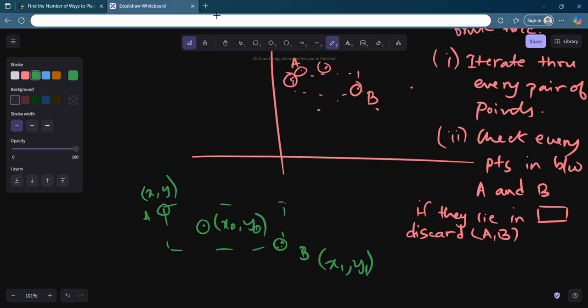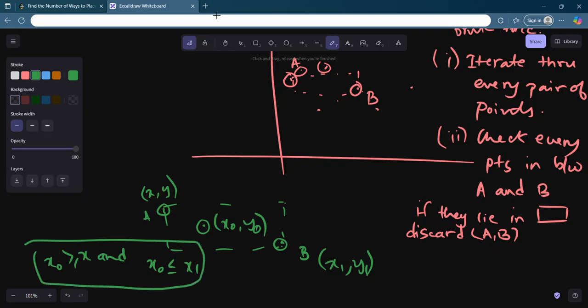Then you can check that x0 should be greater than or equal to x and x0 should be less than or equal to x1, and y0 should be less than or equal to y, and y0 should be greater than or equal to y1. Then you can say that they are actually lying in the enclosed rectangle.